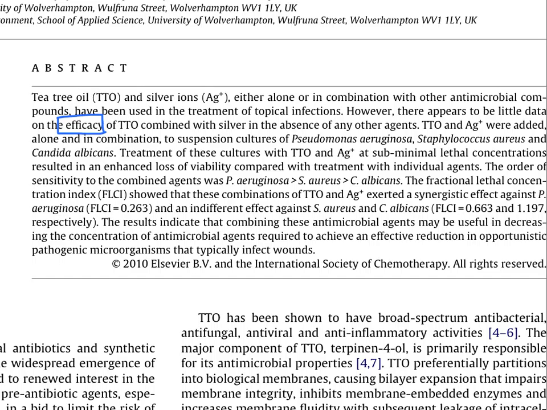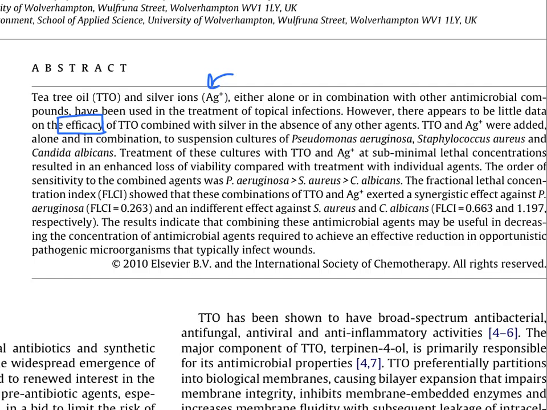Tea tree oil and silver, that's what they told us this is, right? Silver were added alone and in combination to suspension of cultures of Pseudomonas, Staphylococcus, and Candida. What was that sentence? They told me my independent variables, right?